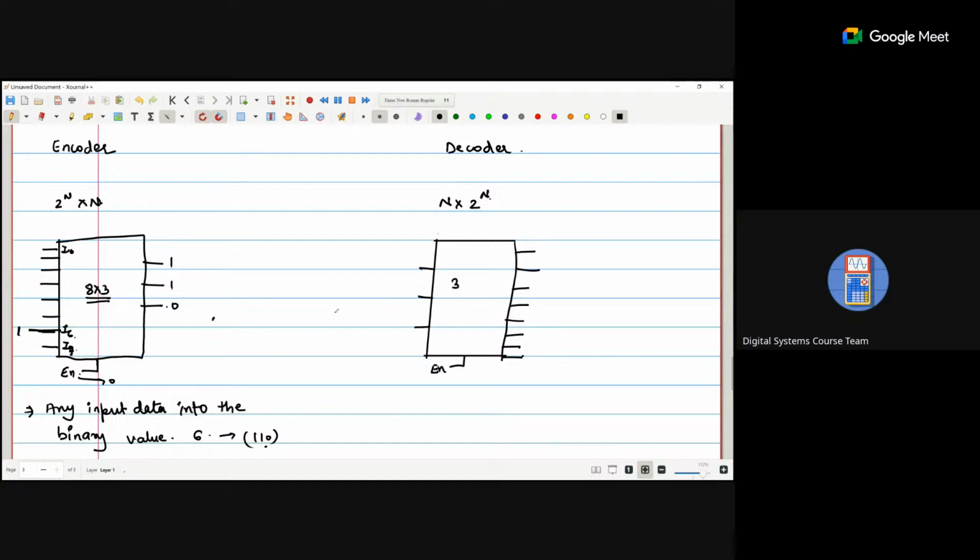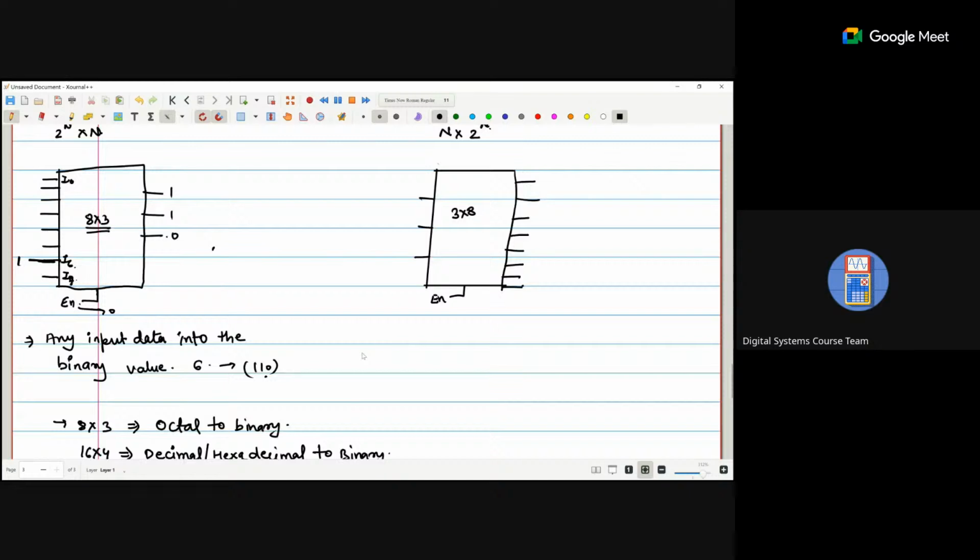Okay, so it is a 3 cross 8. It converts a binary value to its respective decimal value.